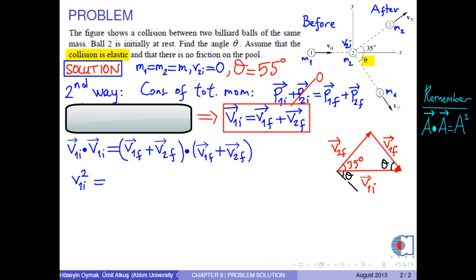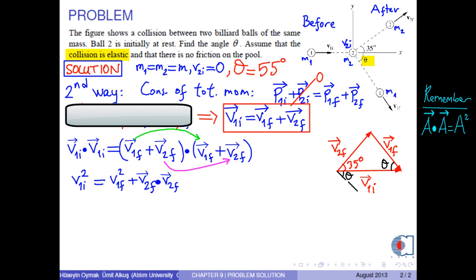On the right hand side, we use the distribution law of dot product, namely v1f dot v1f, which gives v1f squared, plus v2f dot v2f, which gives v2f squared, plus v1f dot v2f, plus v2f dot v1f.